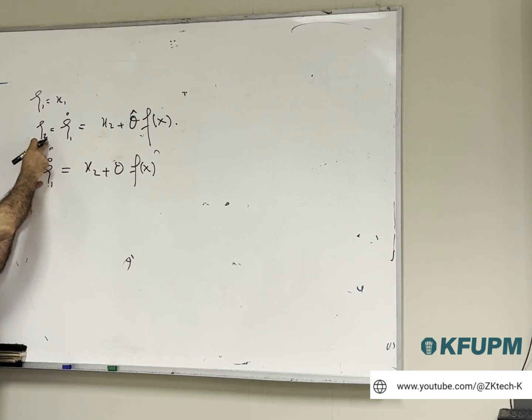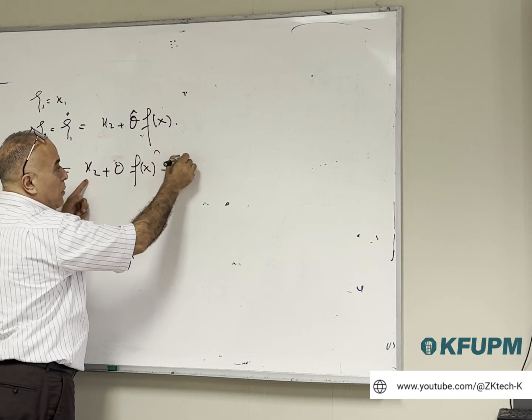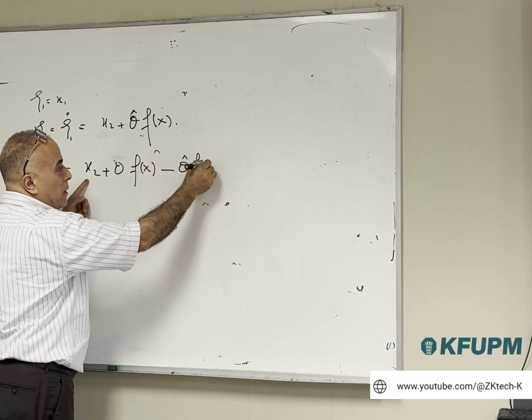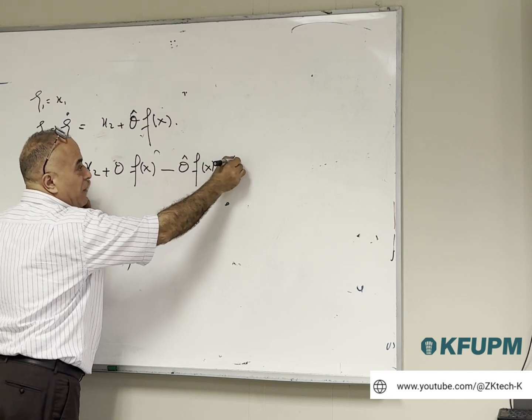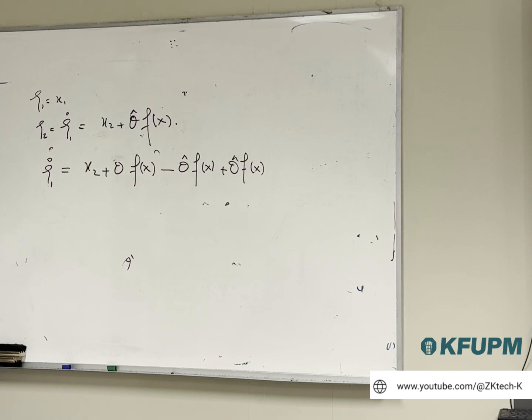So what I'm going to do is remove theta hat of f of x and add theta hat of f of x here. We are okay with this?